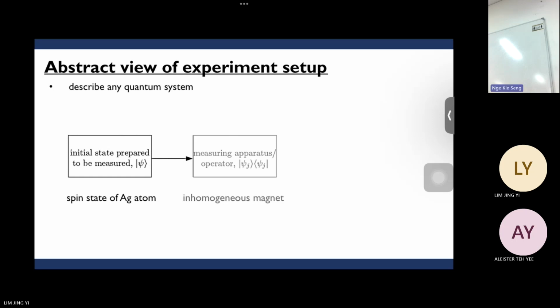So just now we have a lot of information about this Stern-Gerlach experiment. Now we try to break down the process and see how we can use this Stern-Gerlach experiment setup to describe the quantum system that we have. The reason we choose the Stern-Gerlach experiment is because, from the result we obtained just now, it is the simplest case to study.